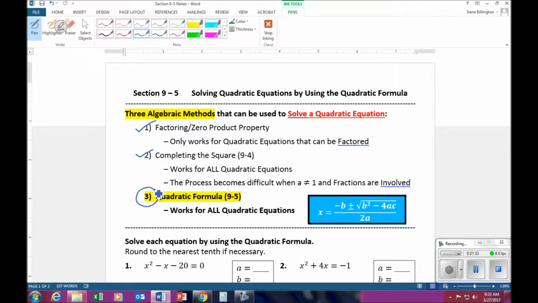The formula is x equals negative b, or the opposite of b, plus or minus, that means we're going to create 2 separate solutions, the square root of b squared minus 4ac, all divided by 2a. Yes, you must memorize the quadratic formula.